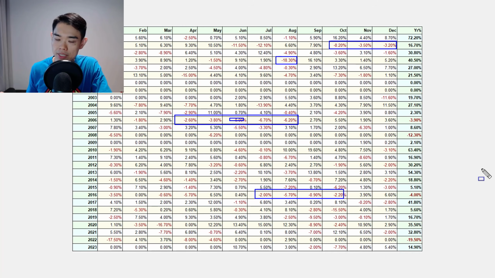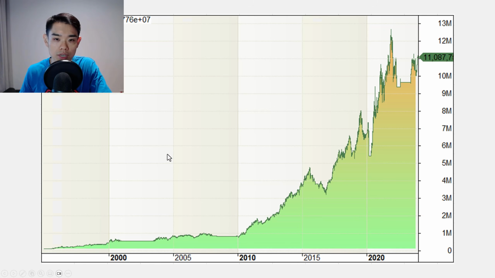The point I'm trying to make is that with every profitable trading system, even if it has an edge in the markets, you will face a series of losses. You will face drawdown. And if you were to quit in the midst of a drawdown, then you will not see the better days ahead. You will not be able to reap rewards like this. If you look at this, in 2006 a drawdown occurred, somewhere about here.